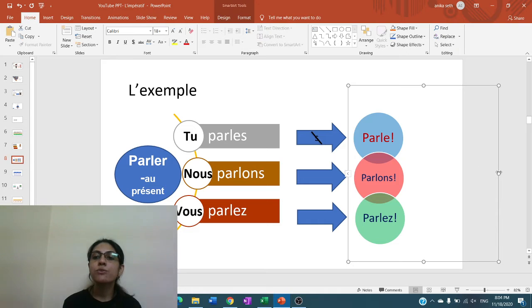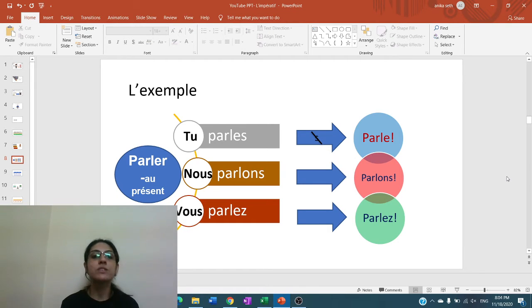Now, when we have to form the imperative of this verb, see over here, first thing is we are removing the subject pronoun. There is no tu over here. Second thing, this S is being removed. The S which is there in the conjugation is being removed and this is just P-A-R-L-E, parle. After that, we put an exclamation mark.